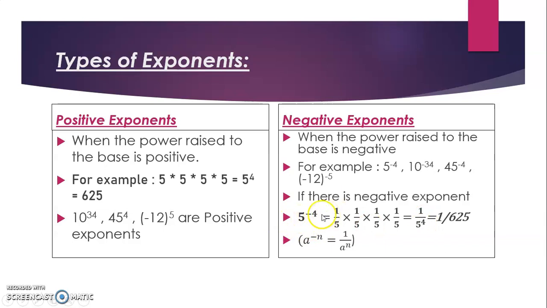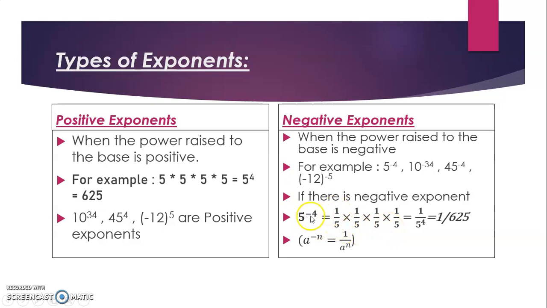So you can remove this negative sign after taking the reciprocal. You can convert this negative exponent into the positive exponent just by removing the negative sign and taking the reciprocal. This becomes the exponential form with the positive exponent. This is the expanded form.